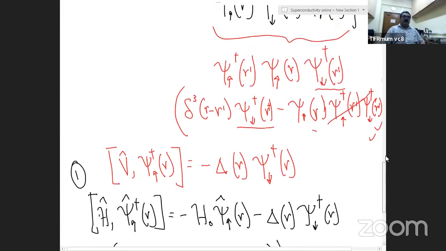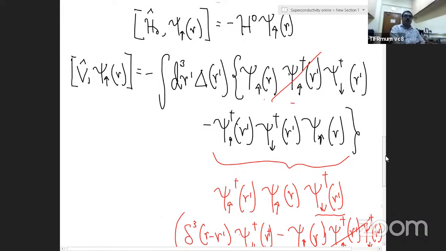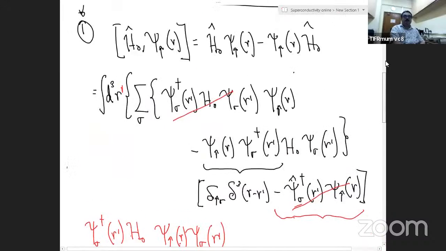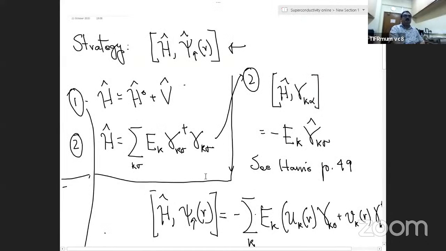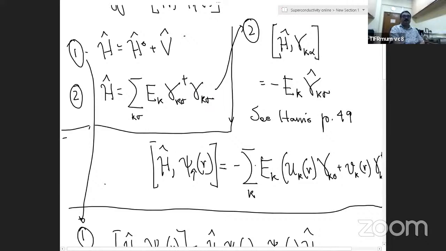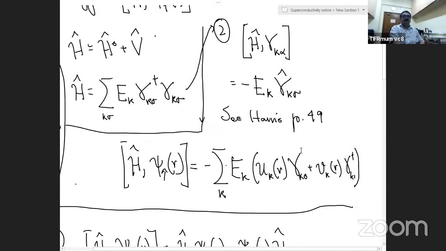Let us go back up and look what we had for the second form. The second form also had given me something which was the coefficient for gamma k0 and something which was the coefficient for gamma k1 dagger.